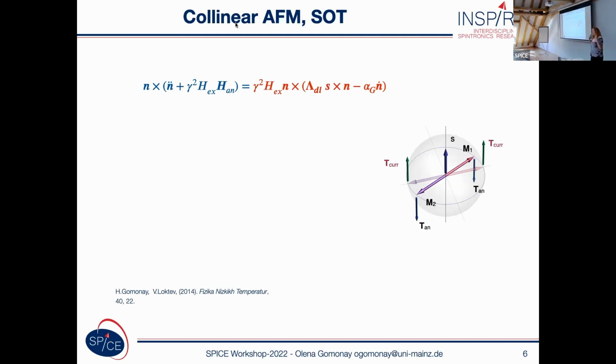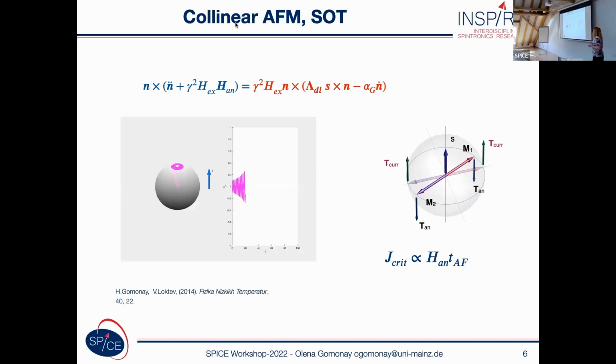If the current is relatively weak, it induces rotation of the magnetic sublattices from its equilibrium state. However, if the current density is higher than some critical value, then this current can induce magnetic dynamics.